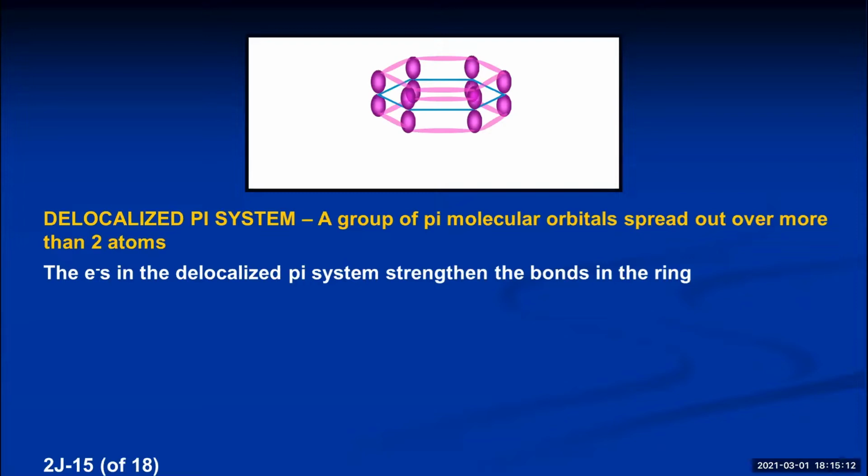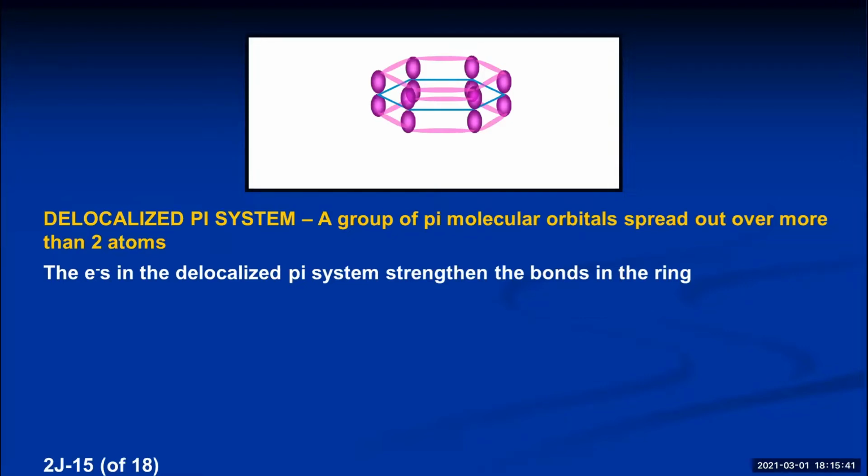So if you have any molecule you've drawn resonance structures for in your entire life, those molecules all must have delocalized pi systems. And what do they have to have geometrically to have a delocalized pi system? You see this p orbital here? How's it related to this p orbital? How's it related to this p orbital? How's it related to this p orbital? How are those related geometrically? They're linear. Linear means they're pointing at each other, I think.